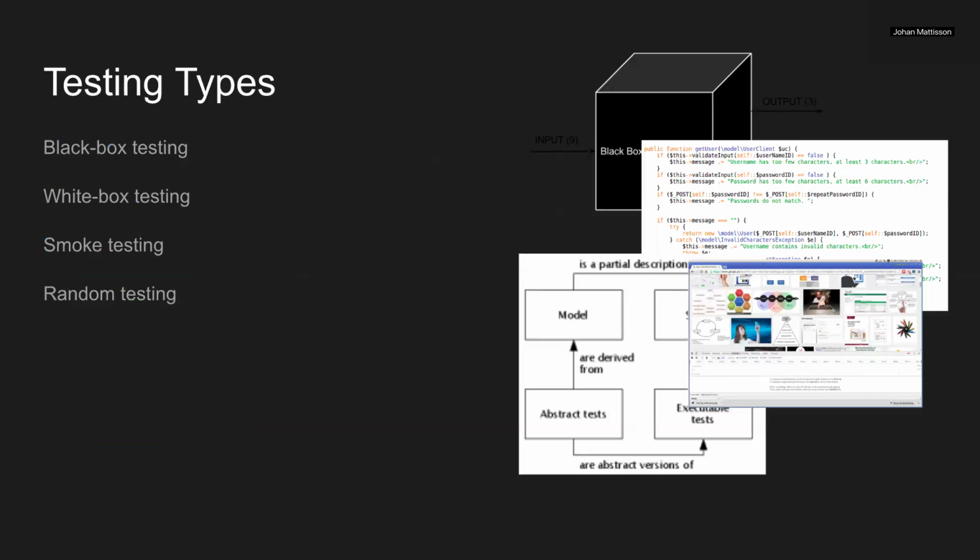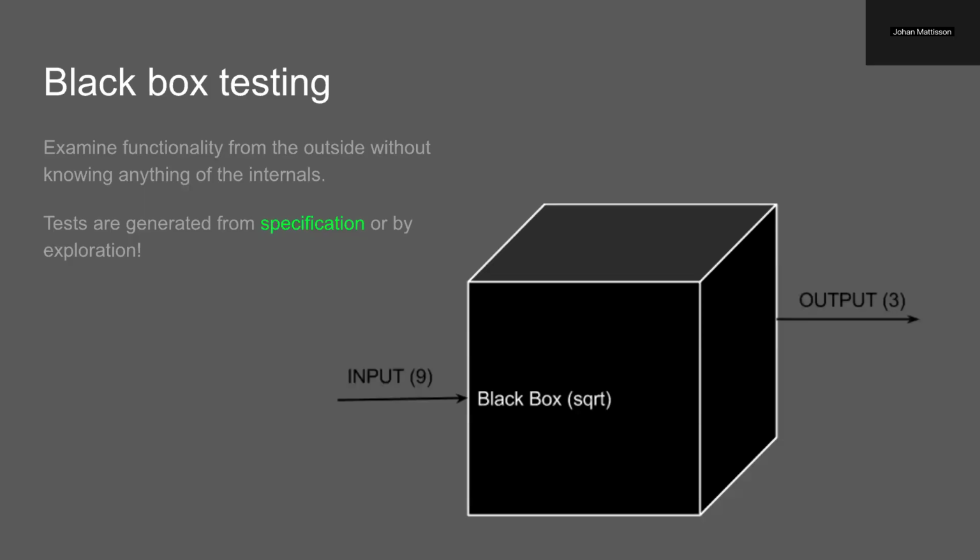All right, testing types: black box testing, white box testing, smoke testing, random testing. We'll go through this pretty quickly. Black box testing is when you don't know the code. You send something in, you get an output, but you don't know the internal workings.